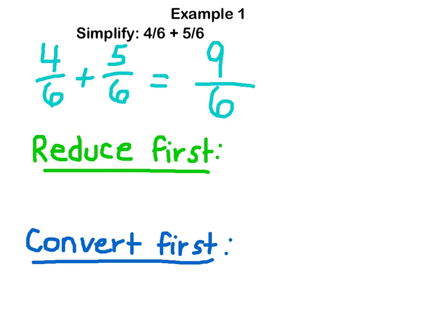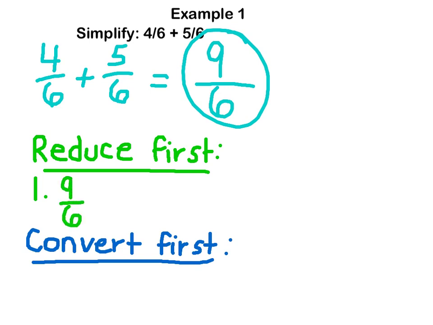So simplify means do not leave this answer looking like this, okay? So we have two choices. This is one of those problems where we're going to have to reduce and convert, okay? So I'm going to show you two different ways that you can do it, and the first way is by reducing first. So if we reduce it first, then let's copy our answer over.